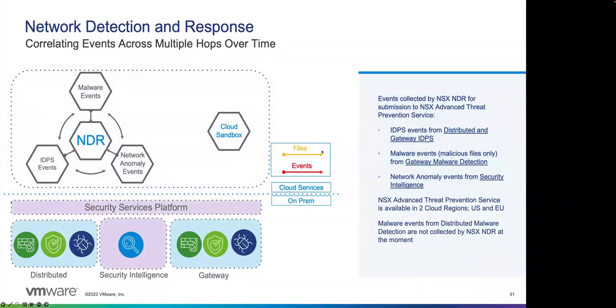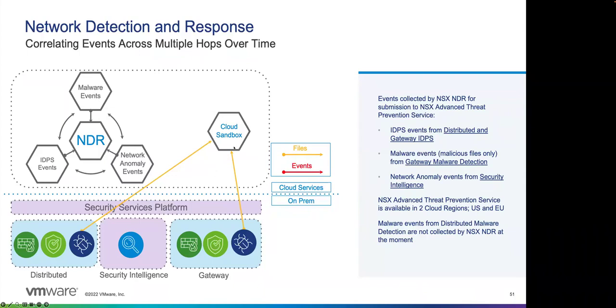All right. So for the overall network detection and response, we gather information from distributed firewall, distributed malware prevention, distributed IPS, and our security intelligence. We can also gather information from gateway firewall, IDS/IPS, and malware prevention. So this is what it looks like. For malware prevention, we can send files to the sandbox in the cloud.